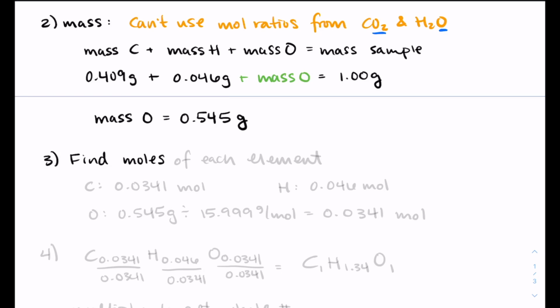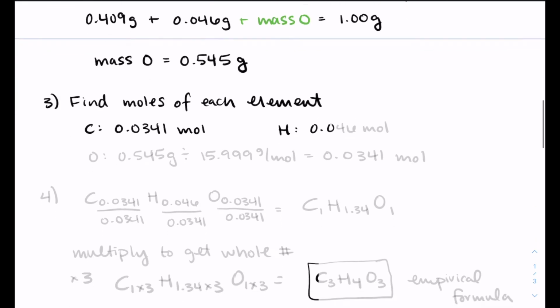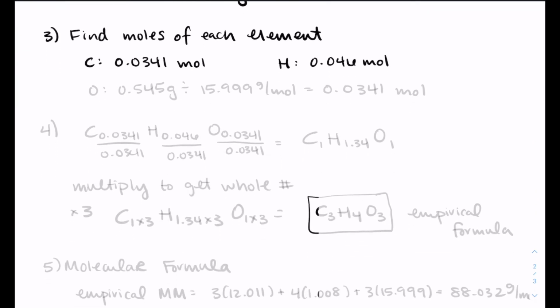So first, I'm going to set up my preliminary formula, which is carbon with a 0.0341 mole subscript, hydrogen with 0.046 moles, oxygen with 0.0341 moles. Then the next step is to divide by the smallest number, which is 0.0341.